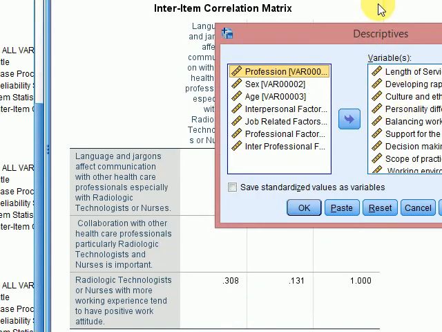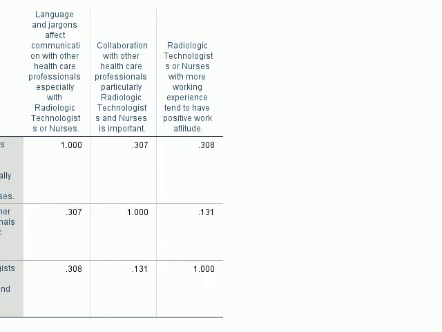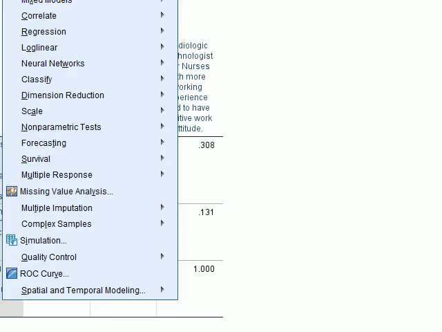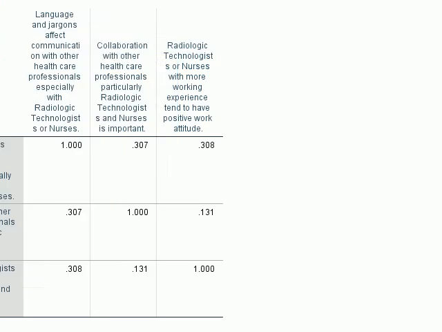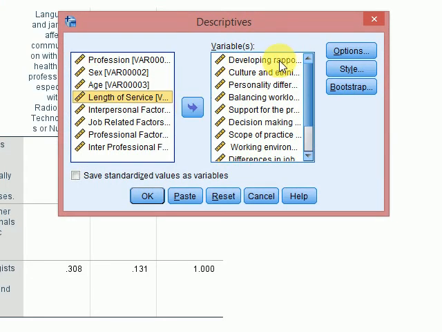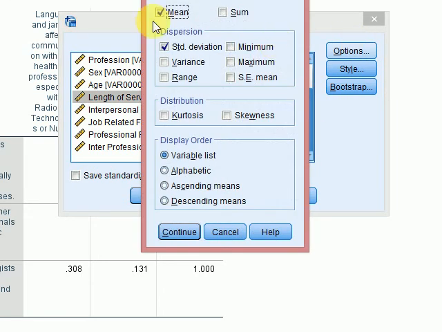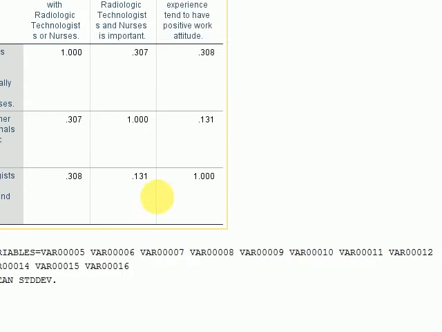Analyze, descriptive, and descriptives, which in this case is developing rapport, all the questions. So, what is shown here is mean, standard deviation, variable list, and then okay.